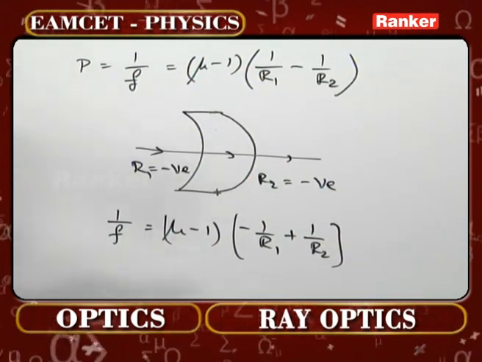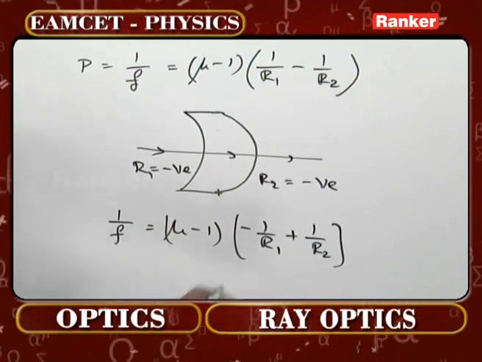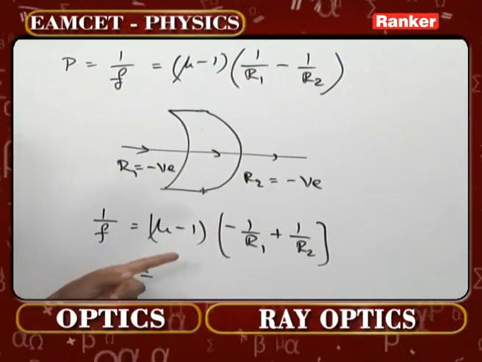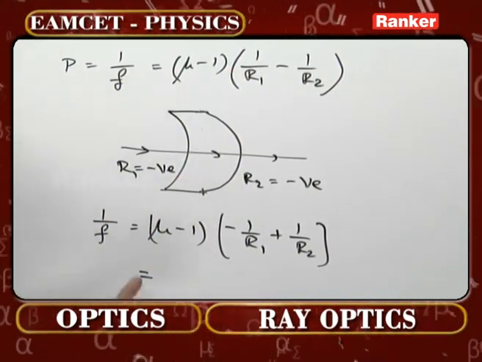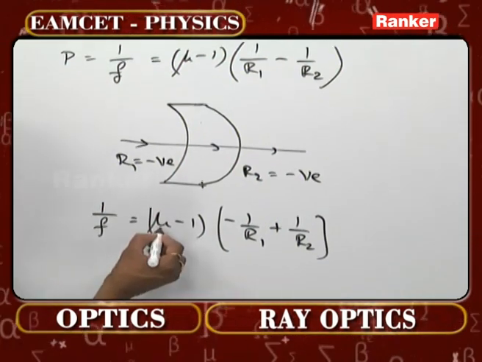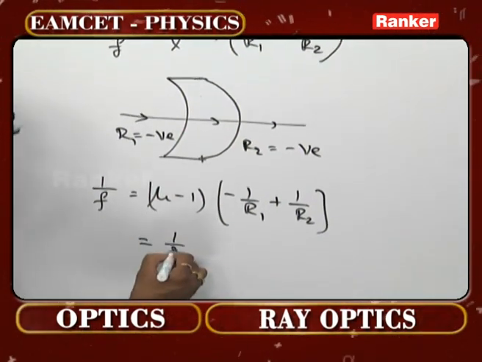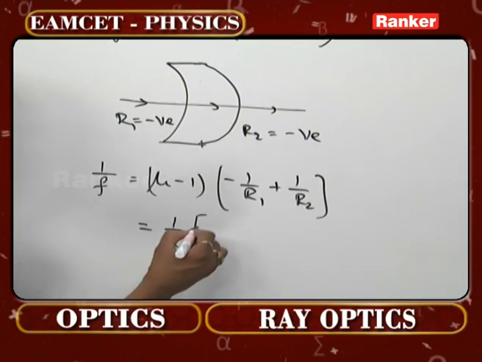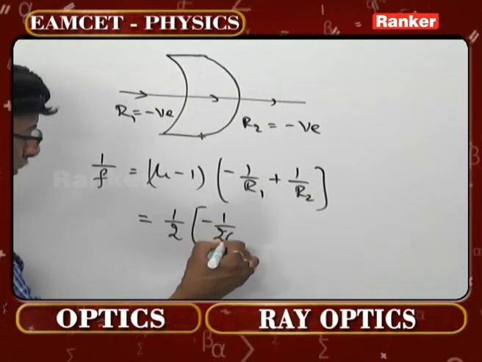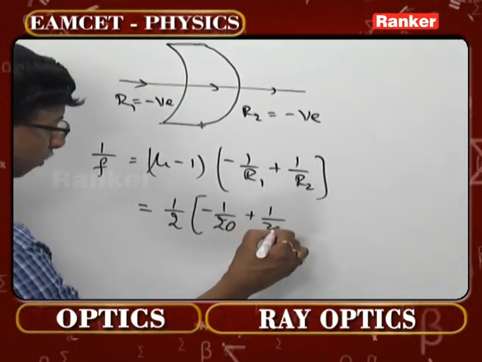So, what are the values he has given? You just substitute. R1 is given 20, R2 is given 30, and the value of mu is given 1.5. 1.5 minus 1 is 0.5, which is 1 by 2, into minus 1 by 20 plus 1 by 30.